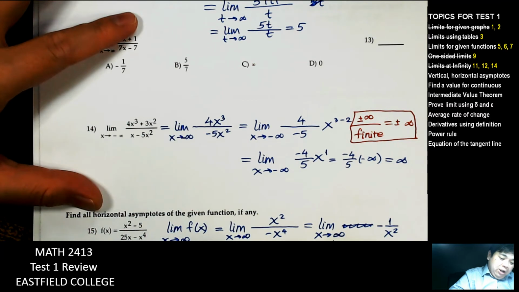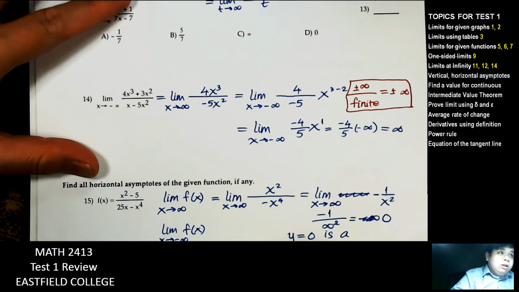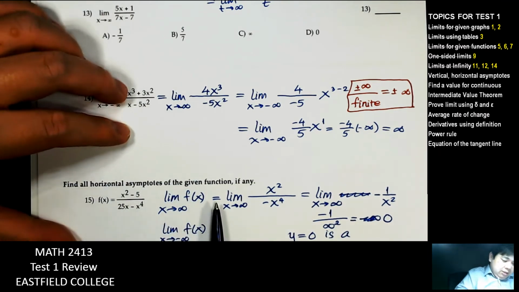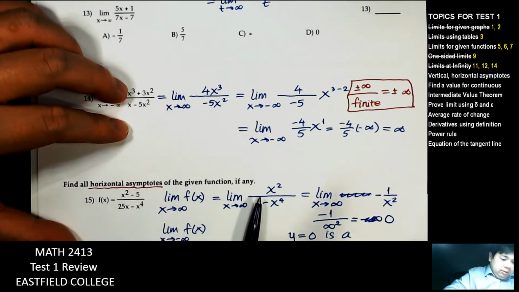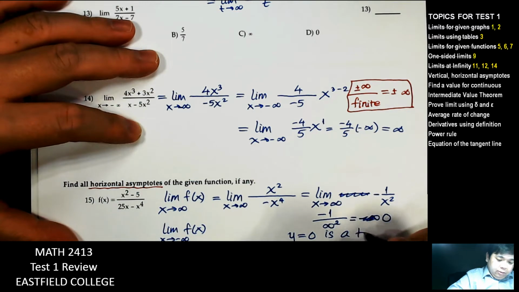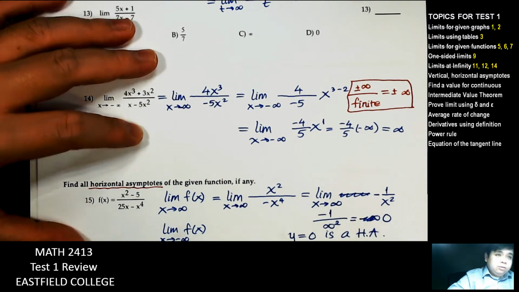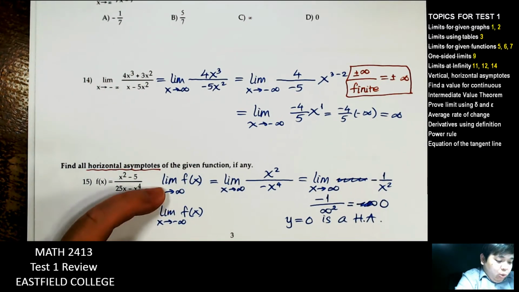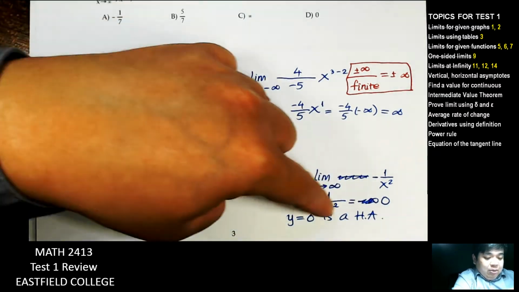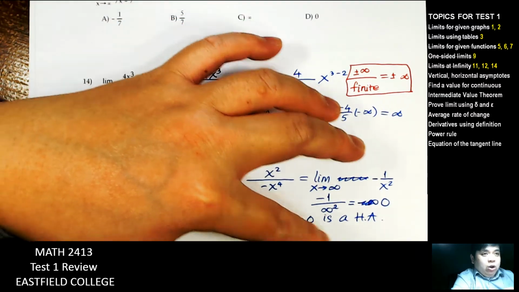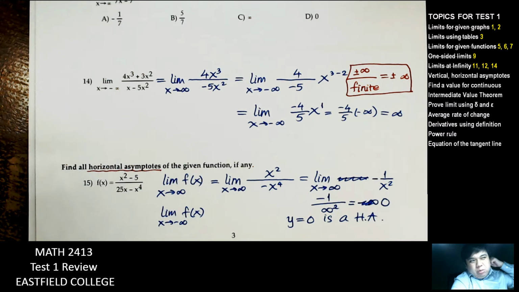So we have y equal to 0 as a vertical asymptote, I mean horizontal in this case. We just find the limit when x goes to infinity, and that limit equals 0. Therefore, y equal to 0 is the horizontal asymptote.